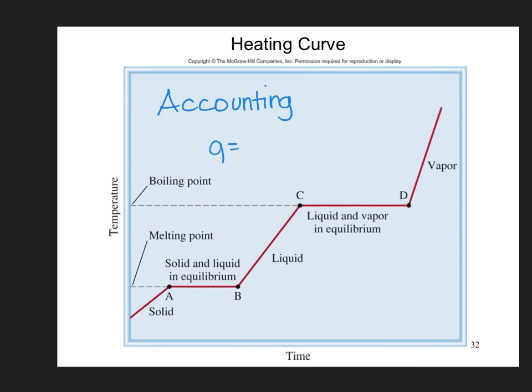So in Gen Chem 1, in fact, I'll just write it on here. In Gen Chem 1, you learned this equation: energy, heat energy, how much energy it takes to heat something up, for instance, is equal to mass, so how much you have, times specific heat capacity, which is a constant depending on what the substance is, so you go look that up, times change in temperature, how much you're going to change the substance's temperature.